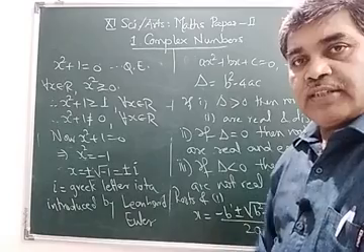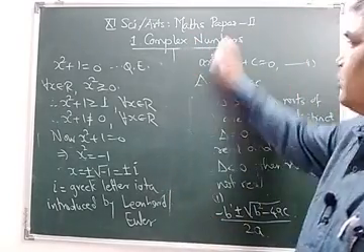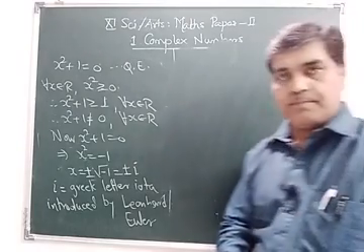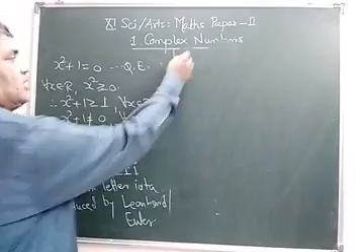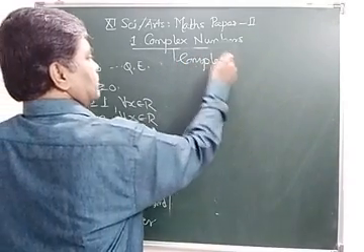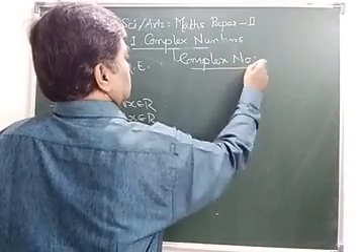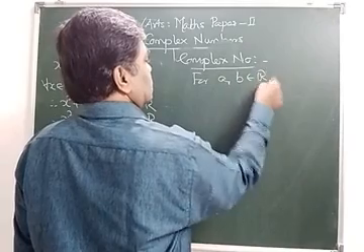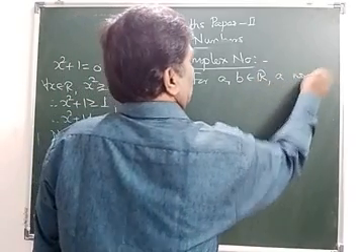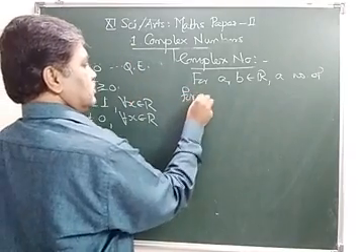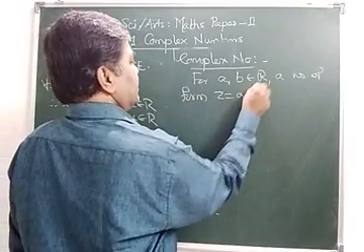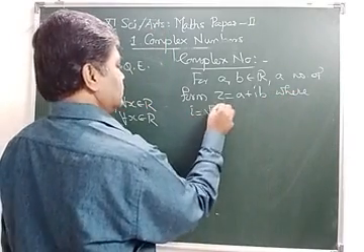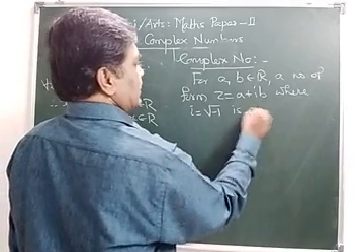This symbol i is iota, and this i gives rise to a new number system, new numbers which are complex numbers. So what is a complex number? For a, b belongs to R, a number of the form z equal to a plus ib, where i equal to square root of minus 1, is called a complex number.